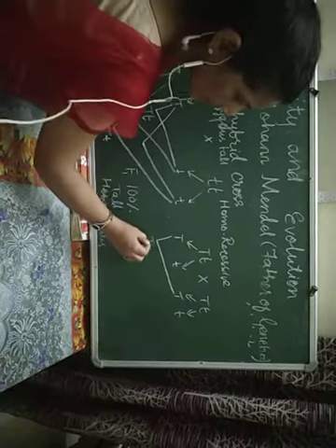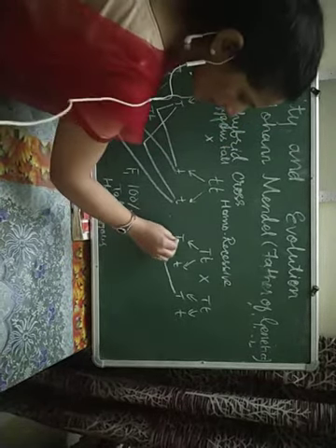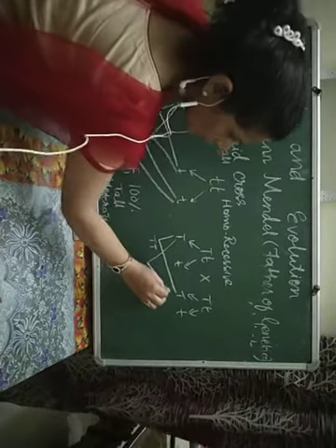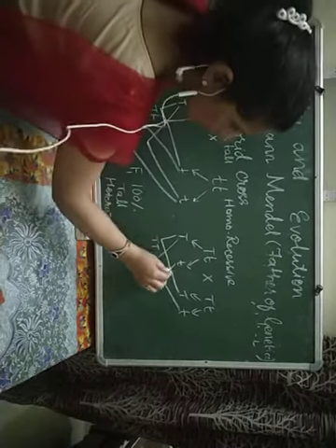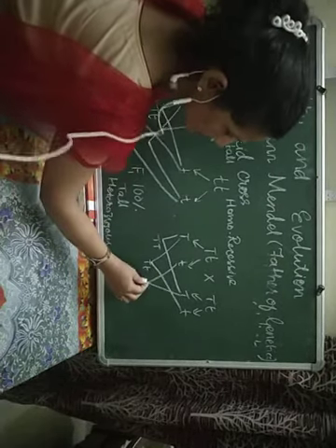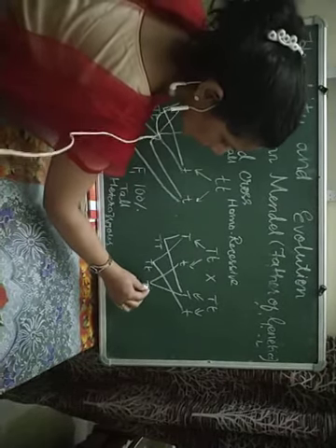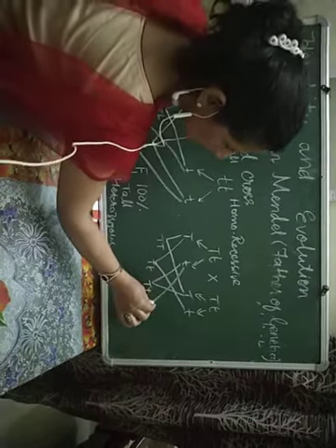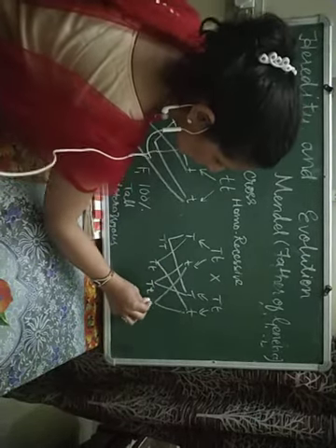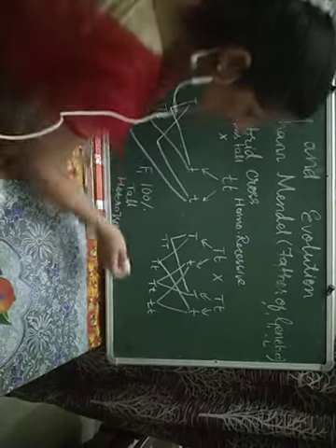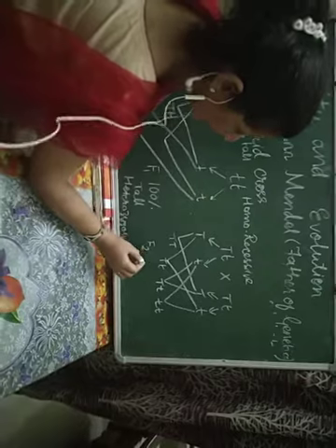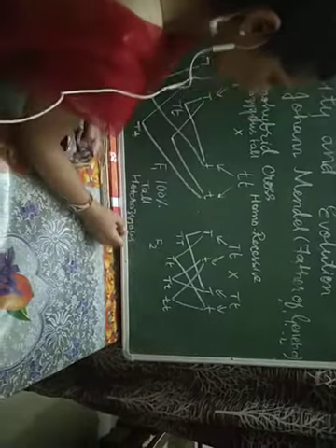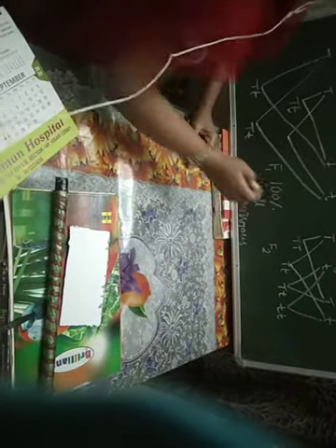Capital T can combine with capital T or small t. Small t can combine with capital T or small t. In this way the F2 generation, as we discussed, has two phenotypes and genotypes.